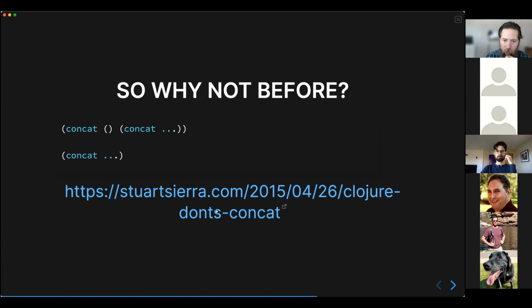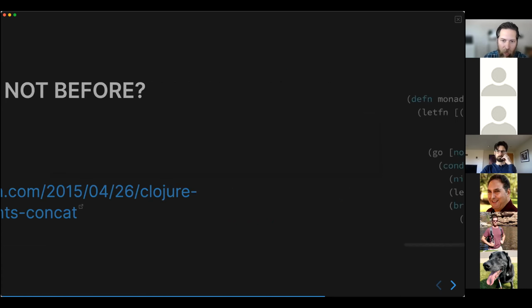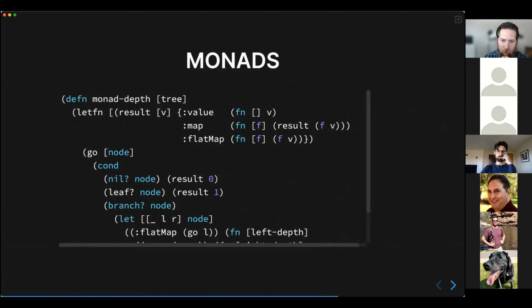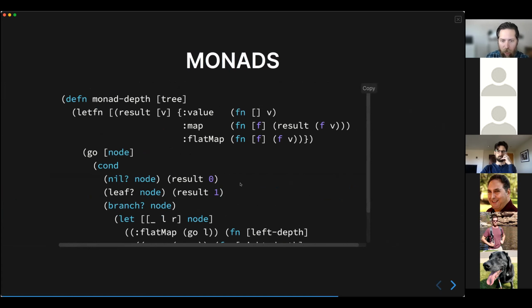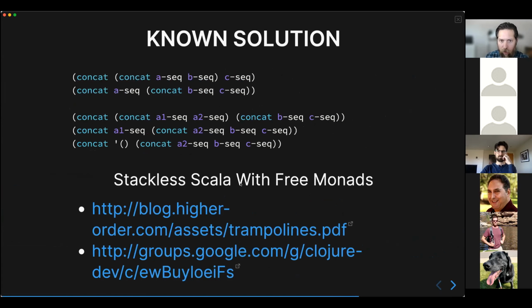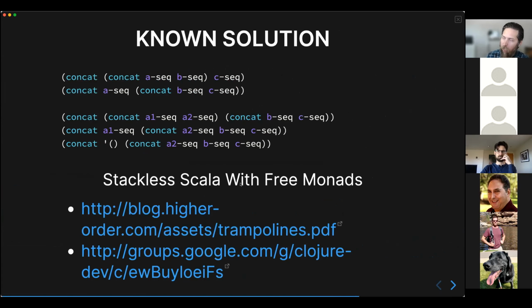And apparently this has been documented as a thing in Clojure. This problem also comes up in Scala, with things like monads. I'm just going to skip the monadic solution. But in Scala, there's a similar thing with free monads and stack overflows, and how flatMap has the same problem. FlatMap is essentially the equivalent of what we're doing here.